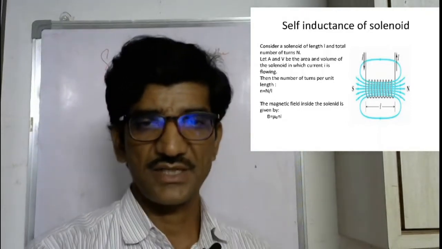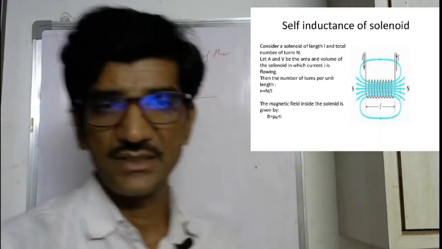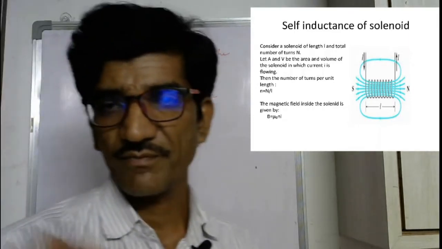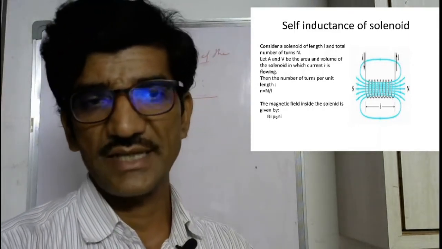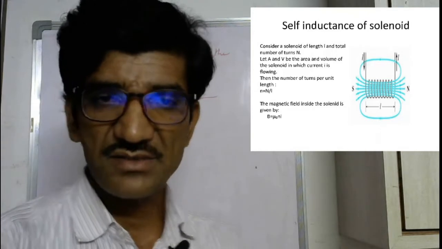You can see on the slide a solenoid of length small l. Let us suppose that there are capital N turns.